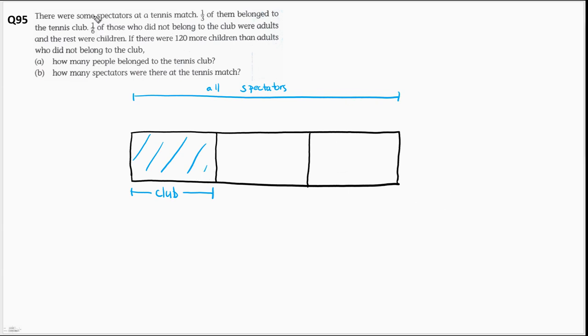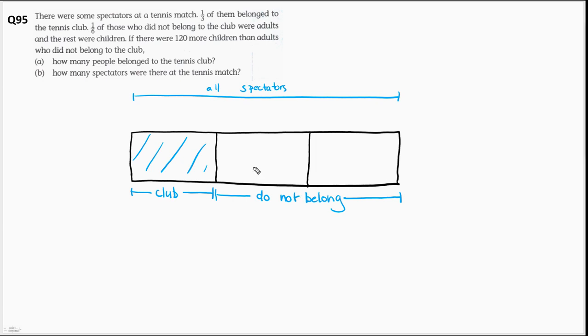And then it says 1/6 of those who did not belong to the club. Now, who are the ones? Now, if these are the people who belong to the club, these must be the people who do not belong to the club.